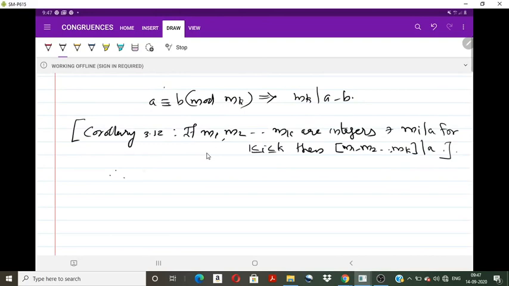Therefore, combining all that, we can say that the LCM of M1, M2, etc., Mk divides A minus B.